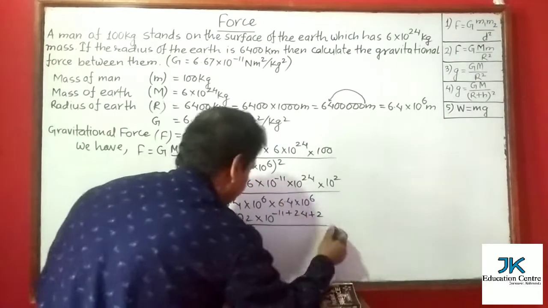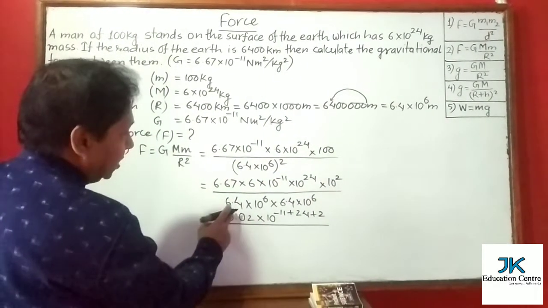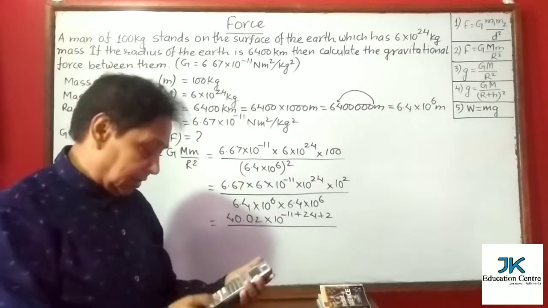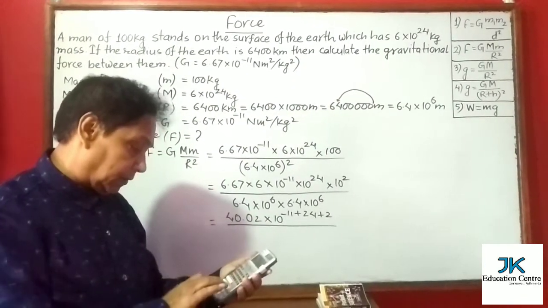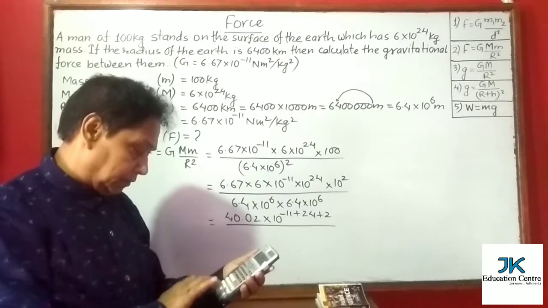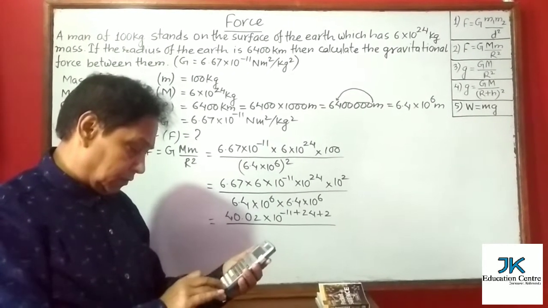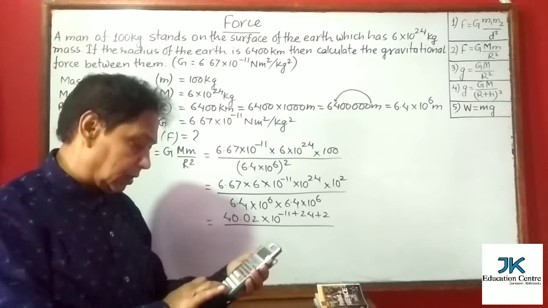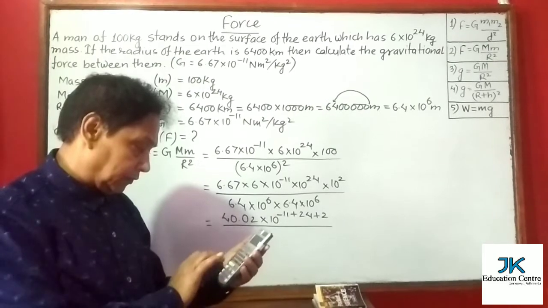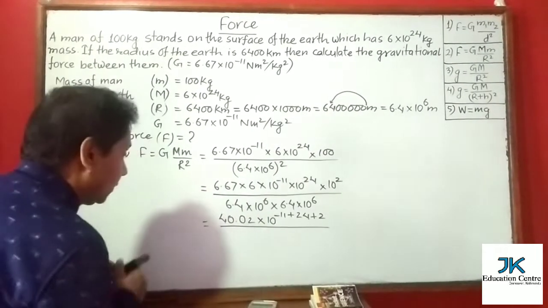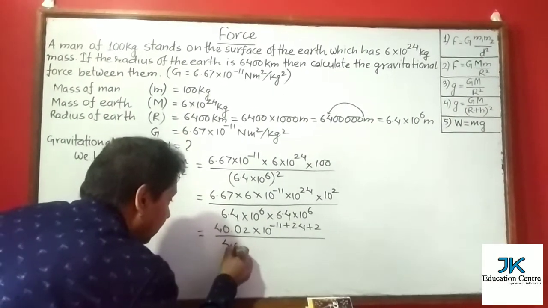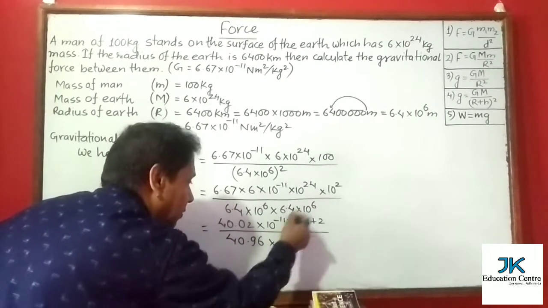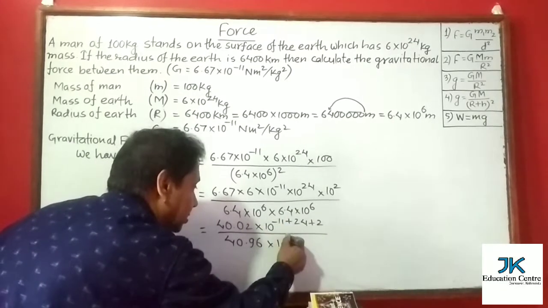Now here again 6.4 into 6.4, we can multiply directly. 6.4 into 6.4 is equal to 40.96. 40.96 multiplied by 10 to the power 6 into 10 to the power 6. Same base, so 6 plus 6 is 12.